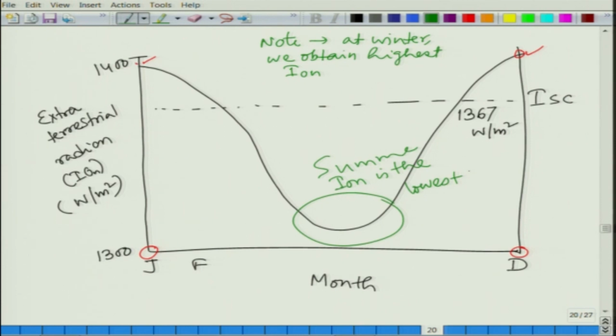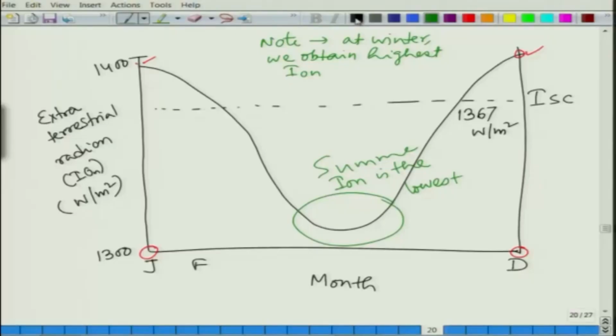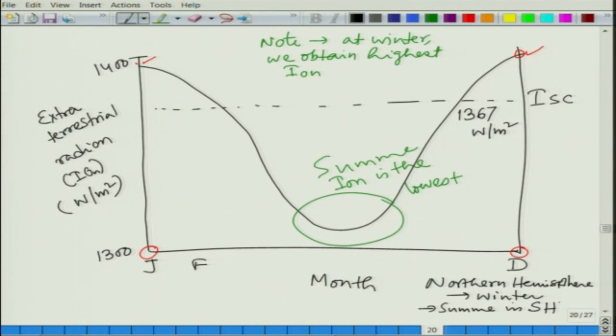But think in more general terms, like when we have winter in the northern hemisphere, at the same time in the southern hemisphere it is summer, right. And this is only outside the atmosphere.